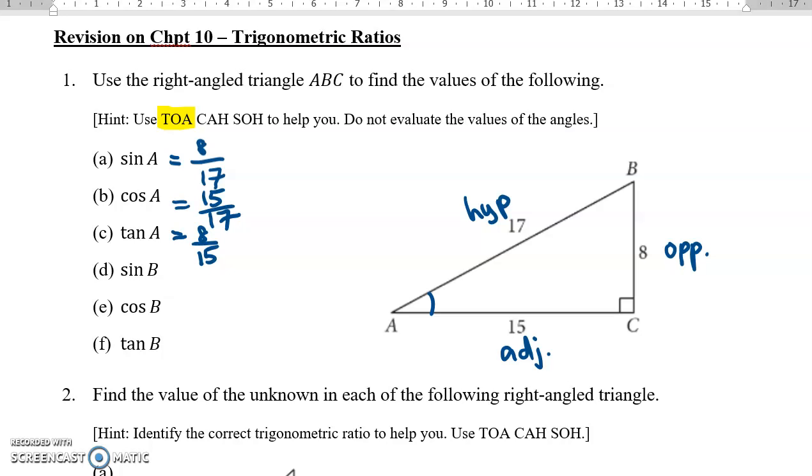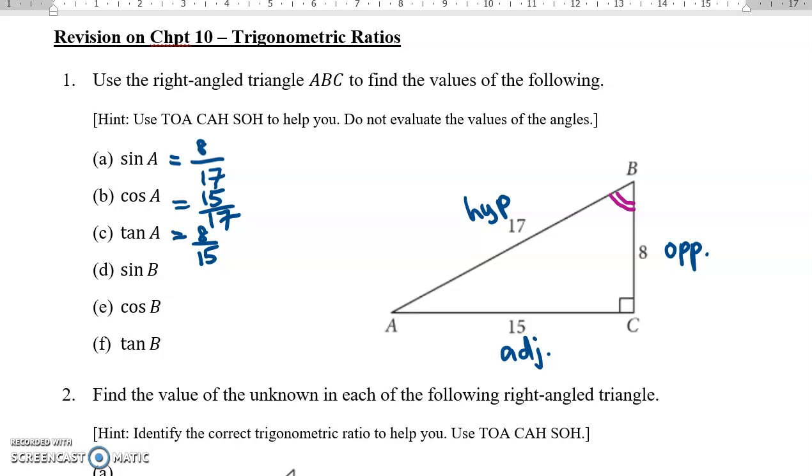Now, for D, E, and F, they will want to find the sine, cosine, and tangent of angle B. So now my reference angle has changed from A to B. So we need to rename the sides of the triangle.